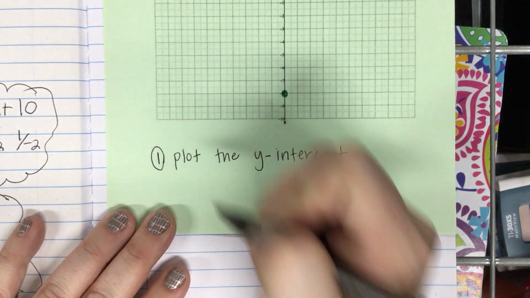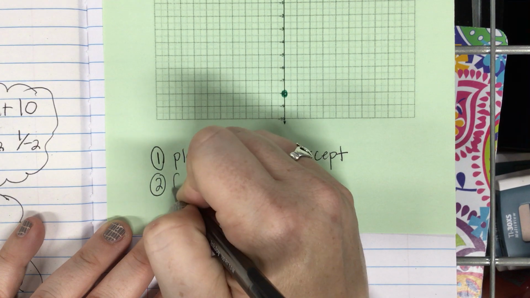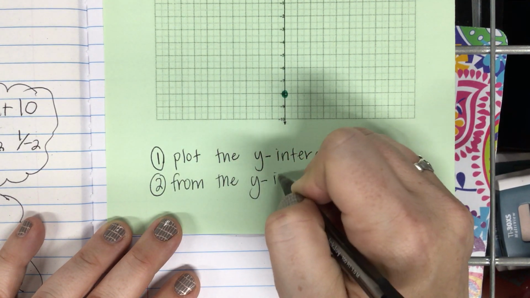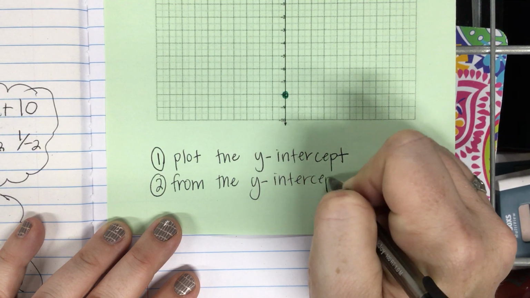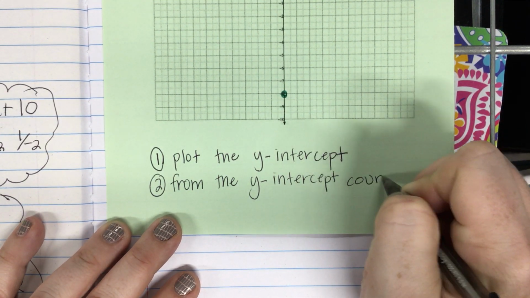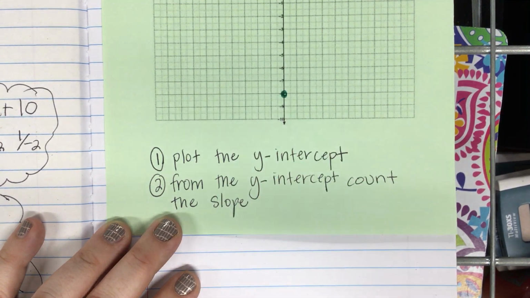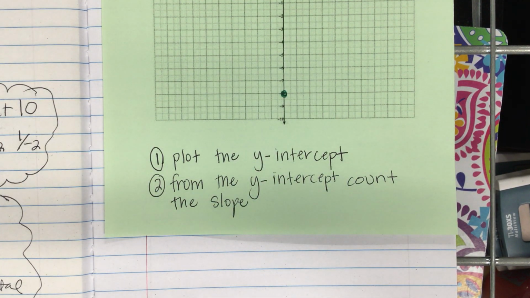So that's step 1. Step 2, from the y-intercept, count the slope.